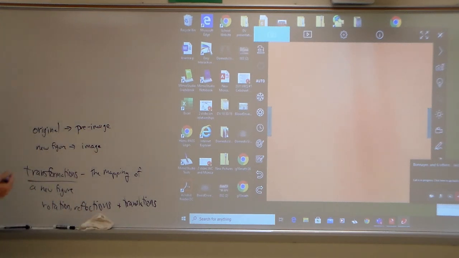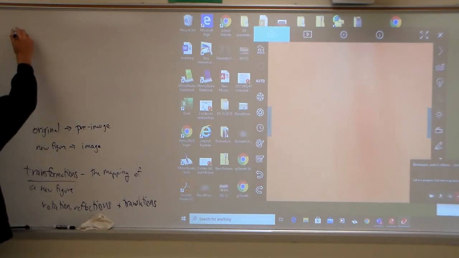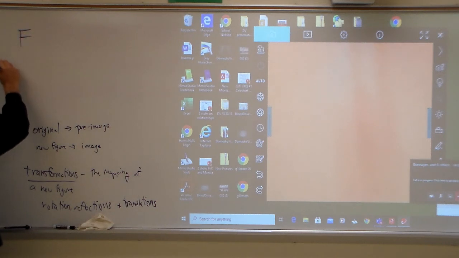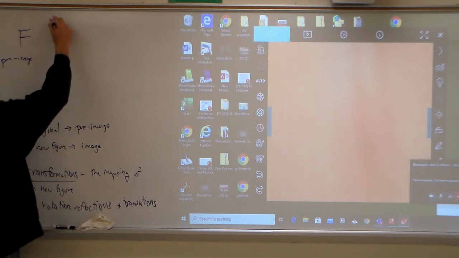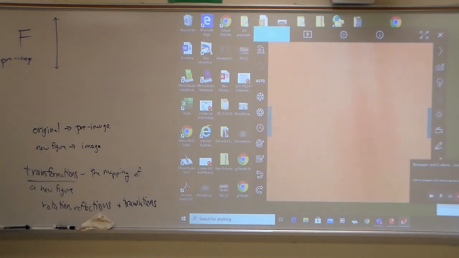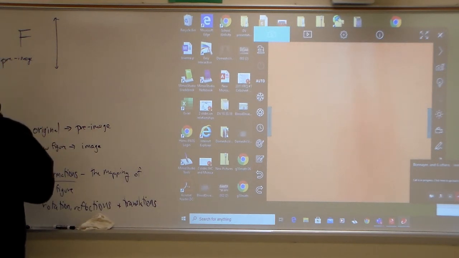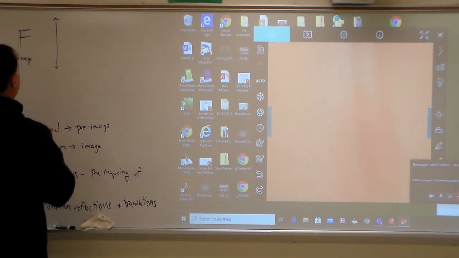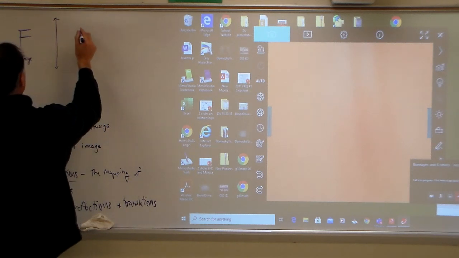So, let's say we had a figure, okay? And this is my pre-image. That's the original. And I want to reflect it over a reflecting line. So, we're going to talk about reflecting now. So, if it reflects on this side, I'm going to try to gauge this so it's about right. It's not going to be perfect.